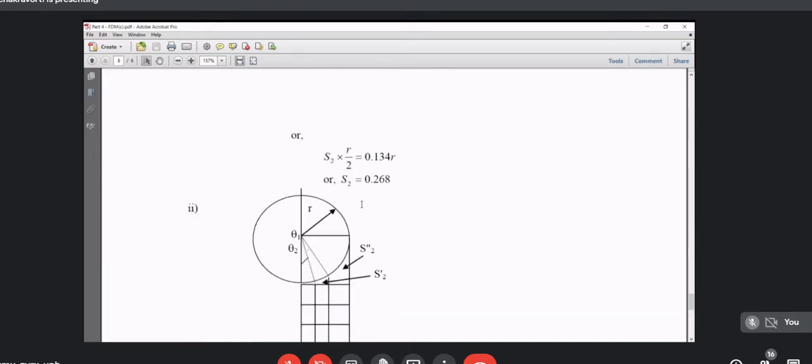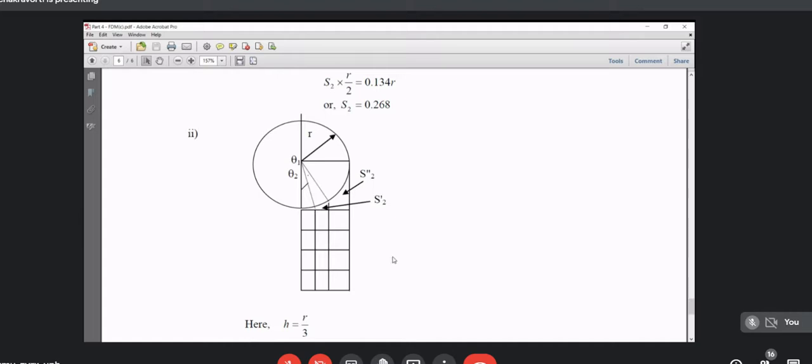That means this smaller vertical distance will come out to be 0.268 into h, where h is r by 2. Similarly, this subdivision could be such that h is r by 3. And in the same way, then two nodes, one here, you can see my mouse moving, and one here, will have two different S2, as indicated, S2 prime and S2 double prime. Again, you can apply your knowledge of trigonometry.